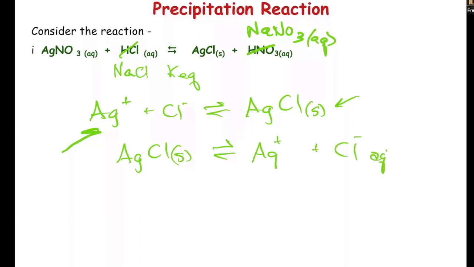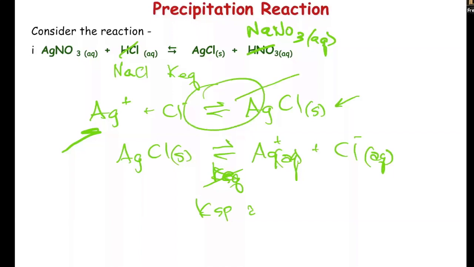And you can see that this is just the reverse of that top one. And so this KSP, this K equilibrium, which we now call KSP because it's a solid going into solution, is equal to this equilibrium here, but because it's the reverse, it's the reciprocal.